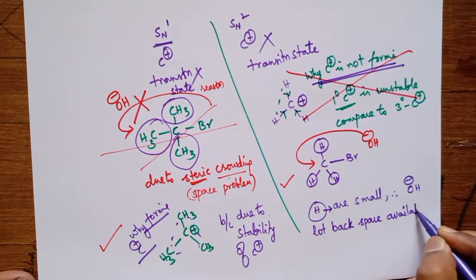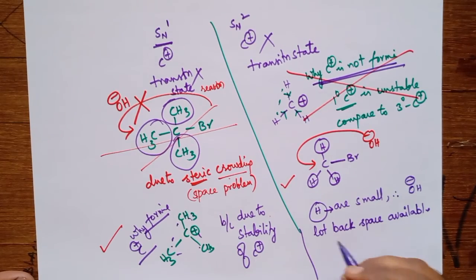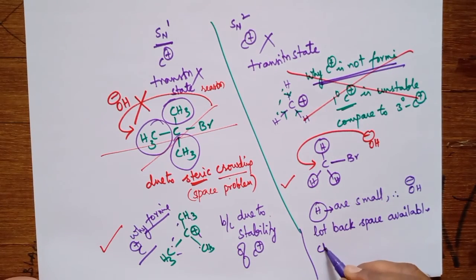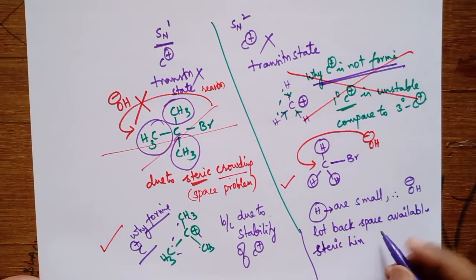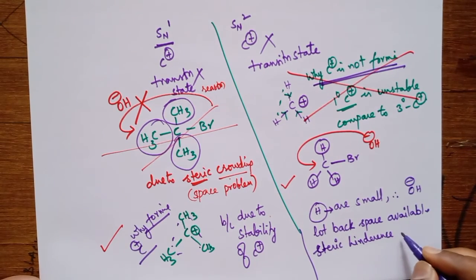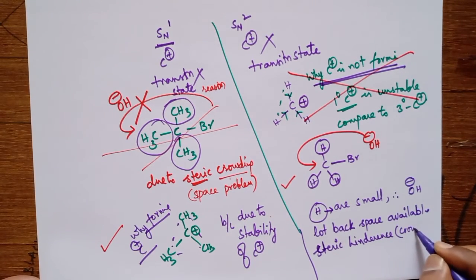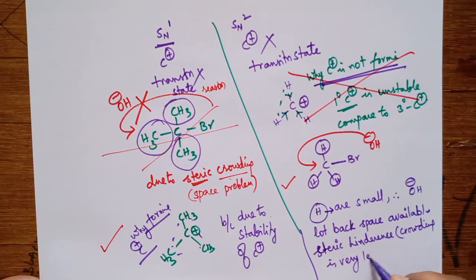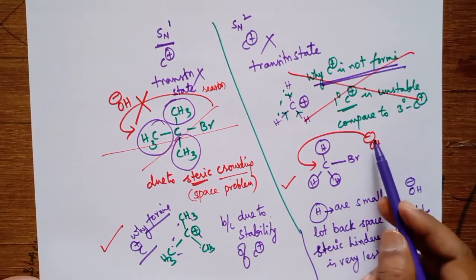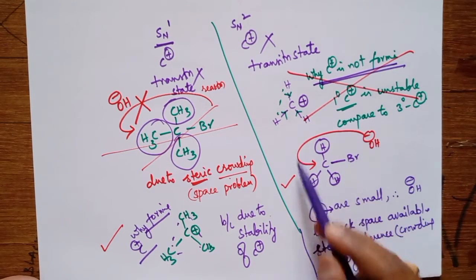Steric crowding is less. In chemistry you can call it steric hindrance or steric crowding. Steric crowding is very less, hydrogens are very small, and the OH can attack from the backside.